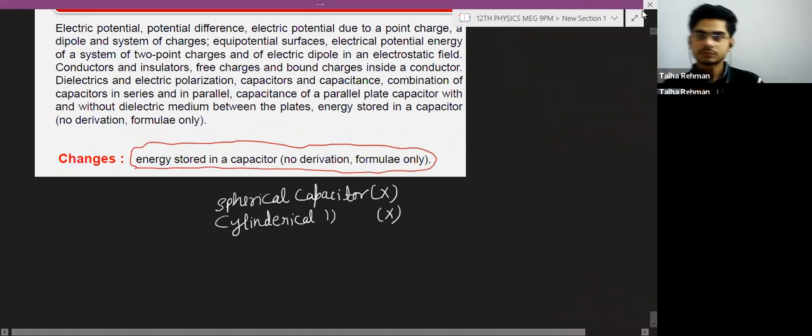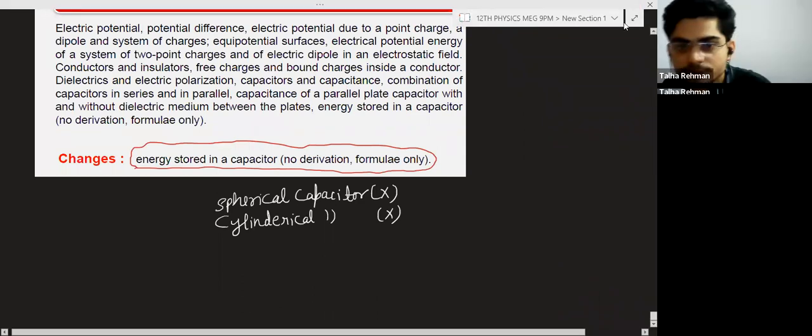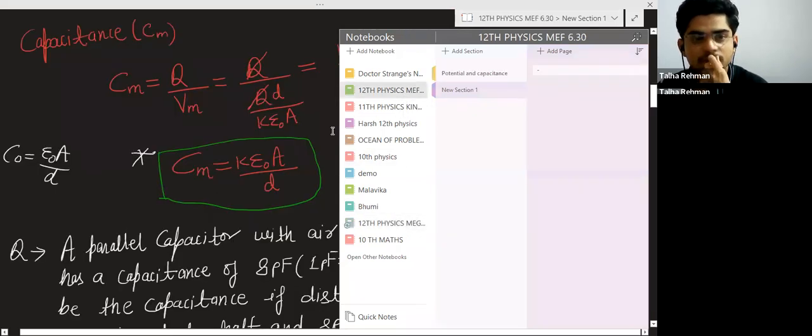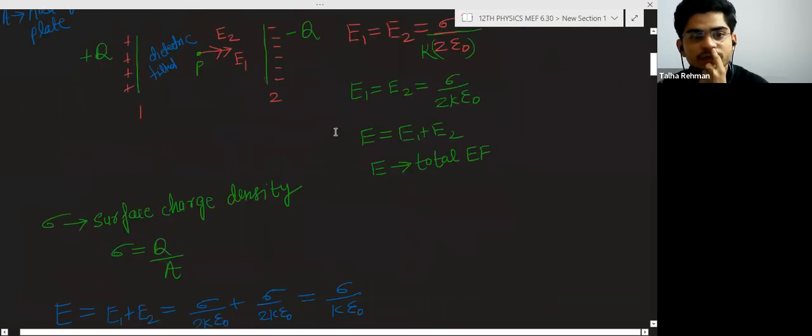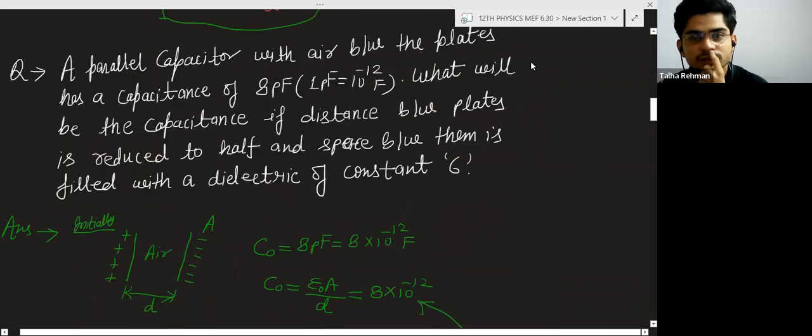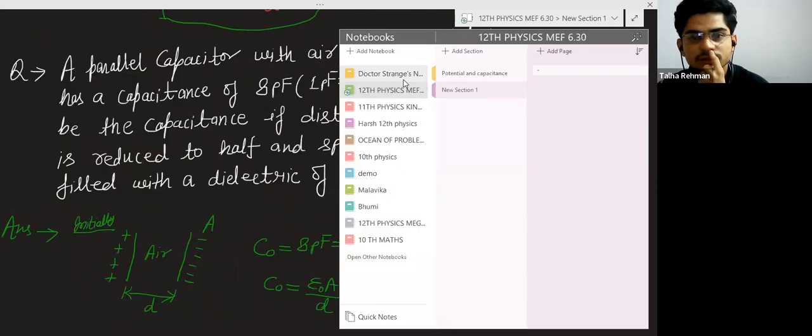What batch is MEG? This is MEF. In MEF, I have completed this today. So MEG.